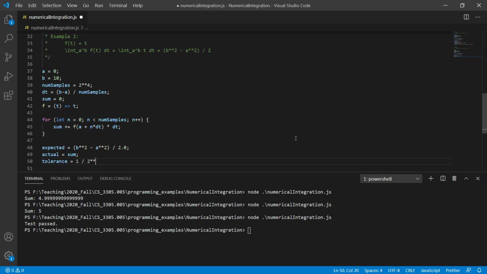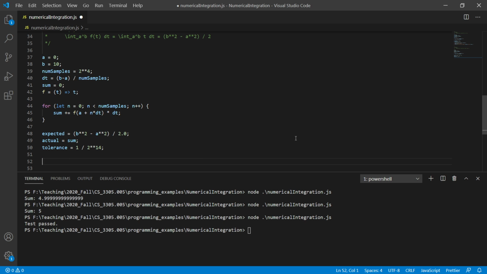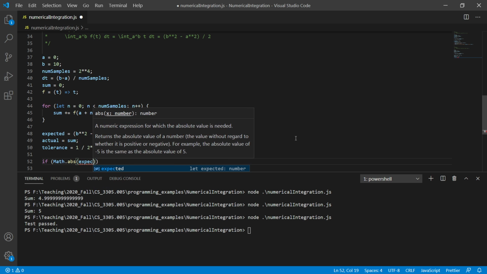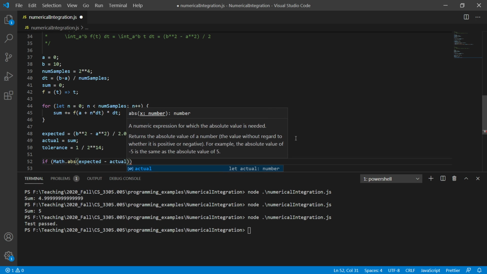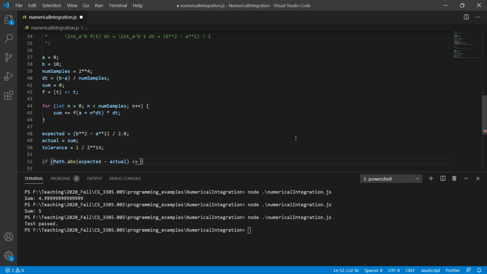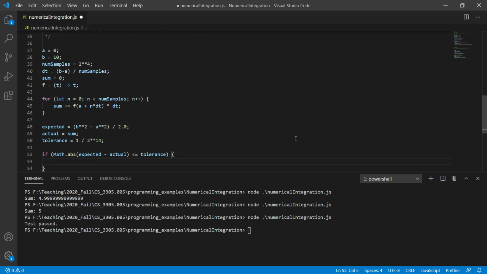And again, we're going to pick something like 1 part in 8192. And then we're going to see if the absolute value of the difference between our expected and actual value was in the neighborhood of our tolerance, or was within tolerance of the expected value.